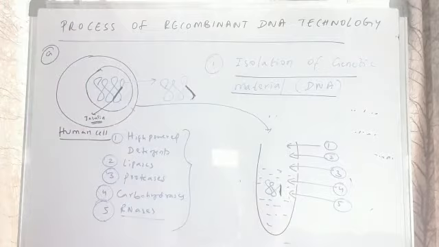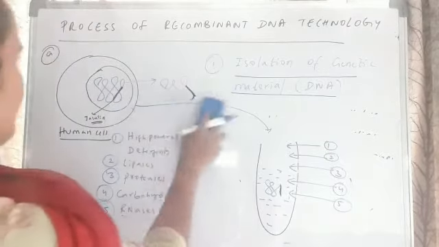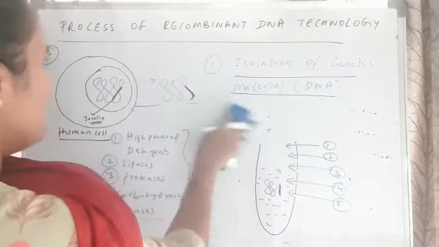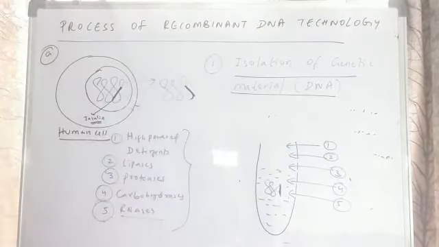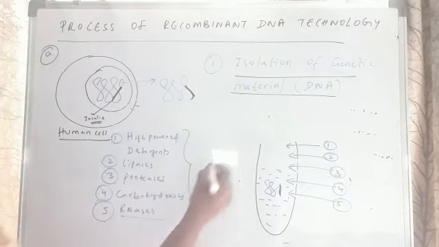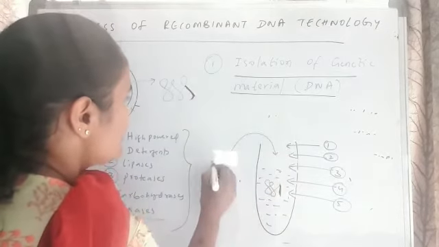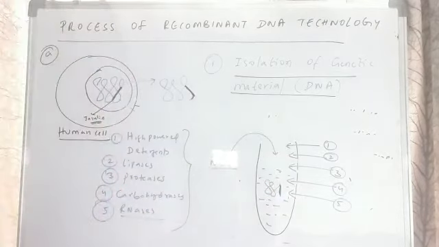Now a very important thing. Now what we add is sodium chloride. And before adding the sodium chloride, a centrifugation process is done. And then we will be adding sodium chloride, a salt solution.